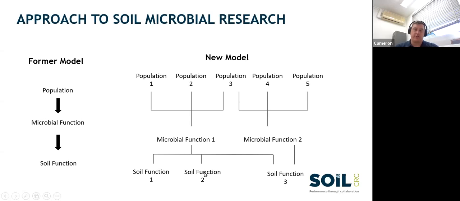And then the overall soil function, going back to those key functions, so you get your nutrient cycling, your carbon storage, your biochemical regulation, can be affected by a whole suite of different microbes all interconnecting.